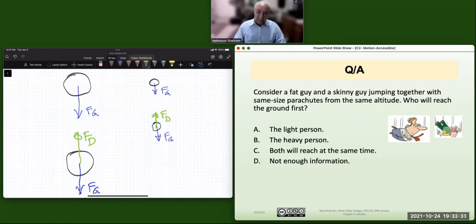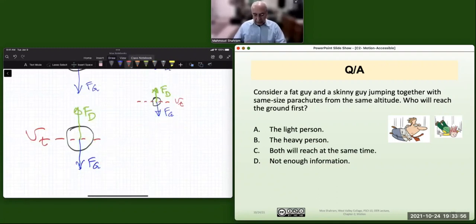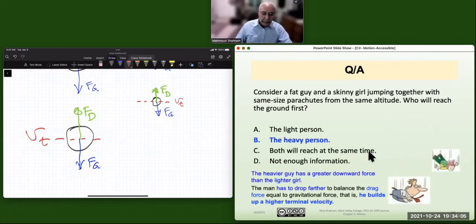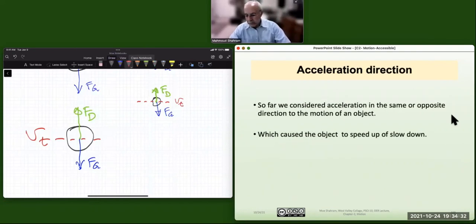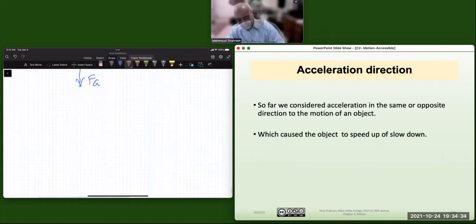Now, this guy has accelerated faster to that point, so its terminal velocity, VT, is bigger than this guy, which reached the terminal velocity sooner. What happens? The big guy is going to build up the higher terminal velocity, and it's going to hit the ground first.